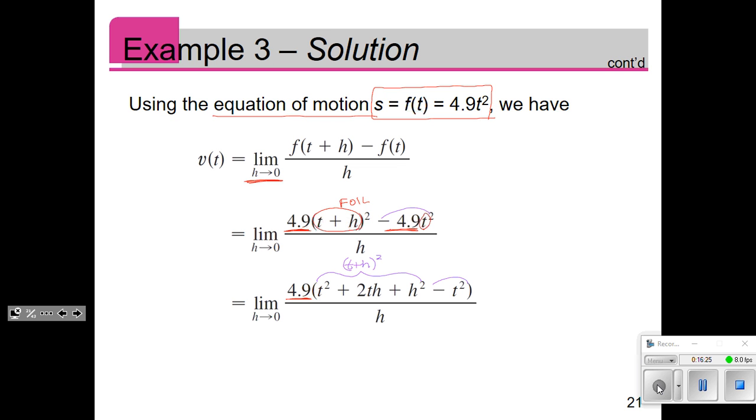So then what do you see is going to happen? You all can see here that my t squared and negative t squared are going to cancel, right? So then I've got the 4.9 times 2th plus h squared. Then what happens here? I can actually factor out an h out of all of these, right?